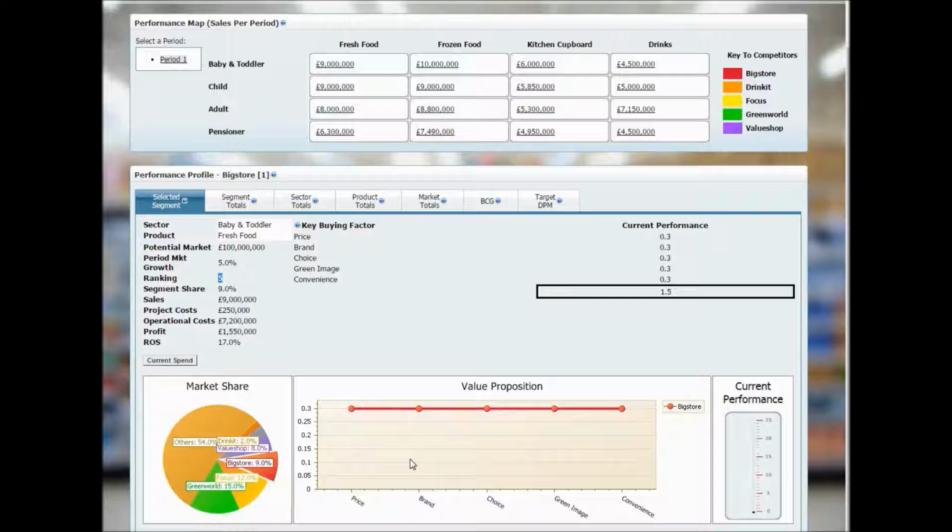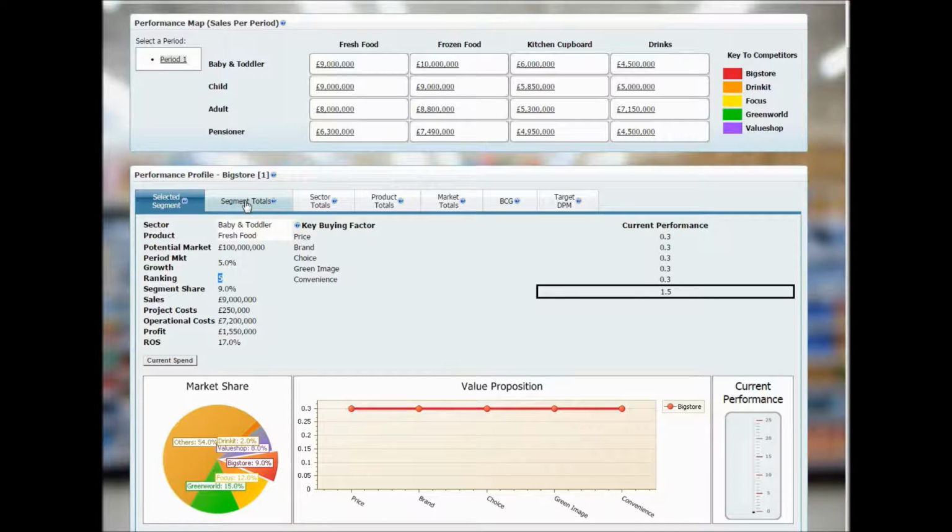In particular, you need to think about not only what consumers are looking for, but also what your competitors are likely to do, because at the end of the day, you're looking for a differentiated value proposition that provides superior value for consumers. So that's a key area there, the value proposition.